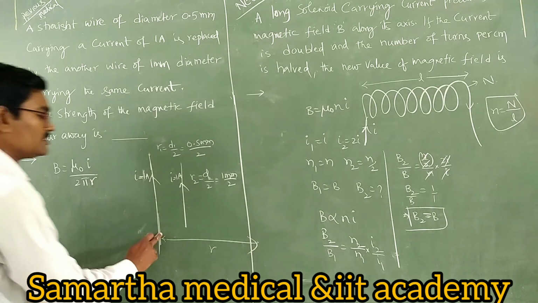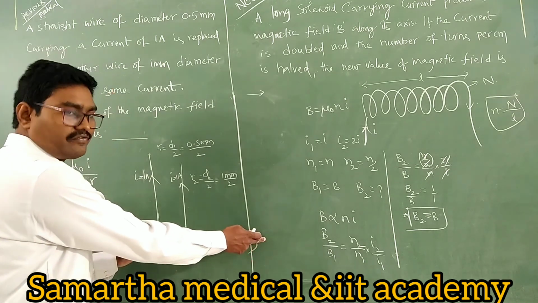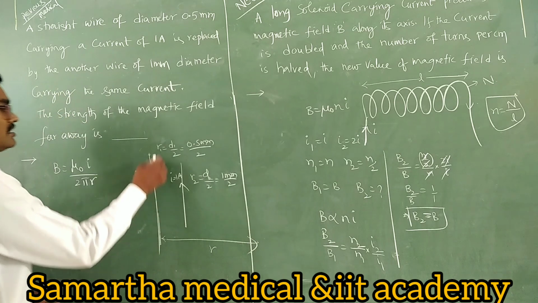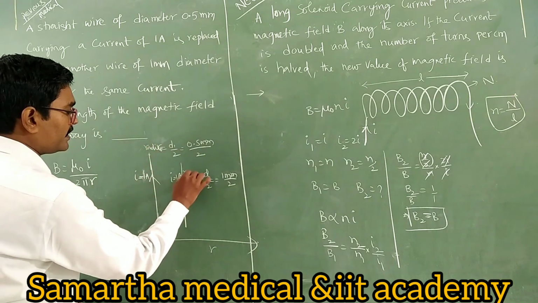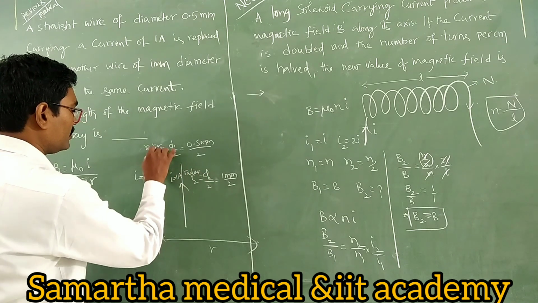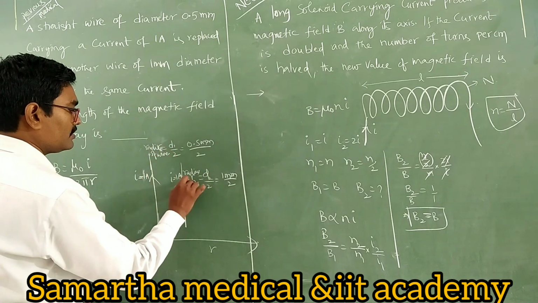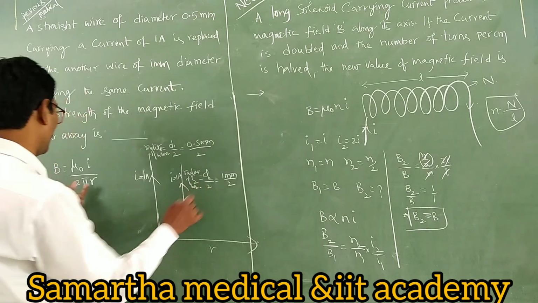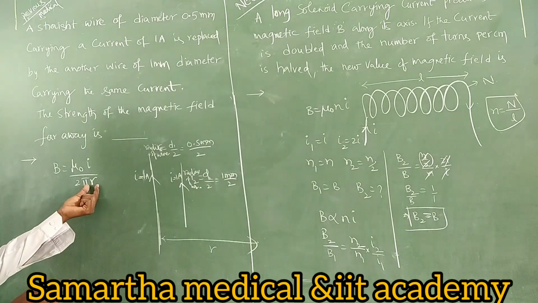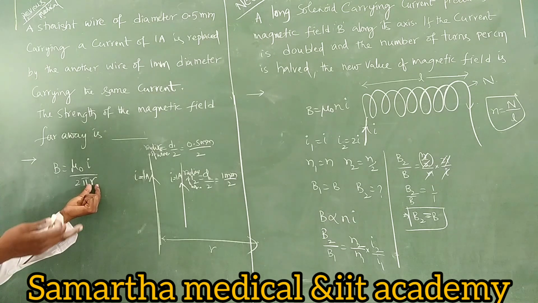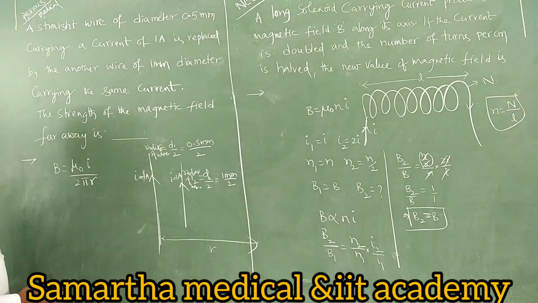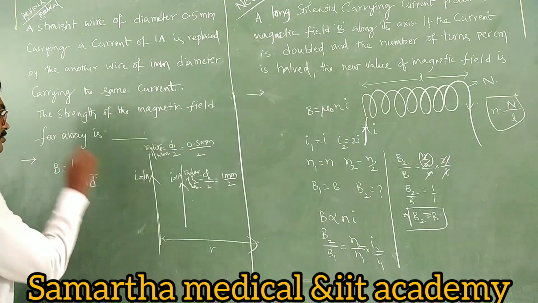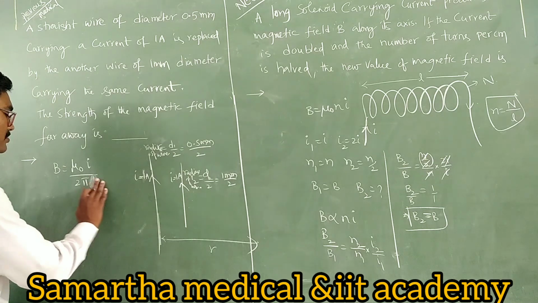R is the distance from the conductor to the point where you are going to find the magnetic field. If you have confusion, you can take mu naught I by 2 pi d, or 2 pi x.